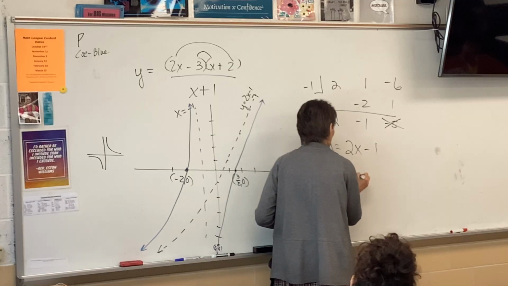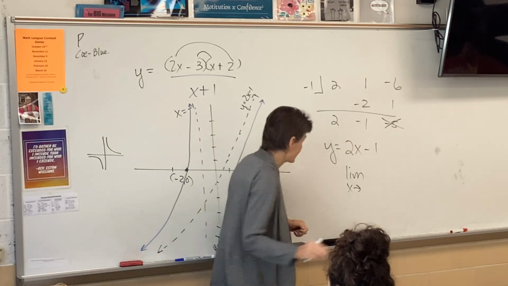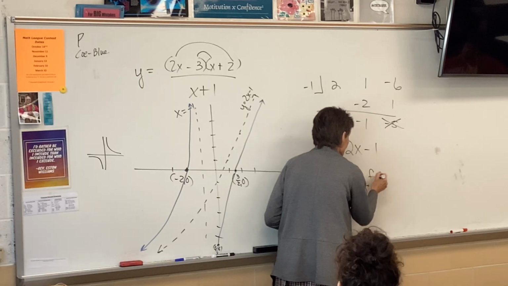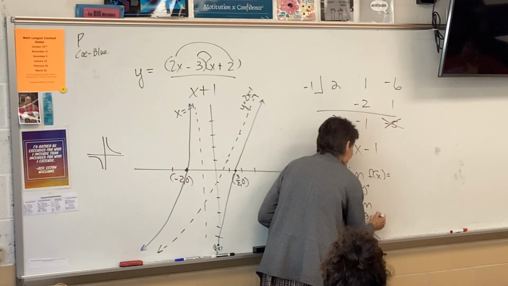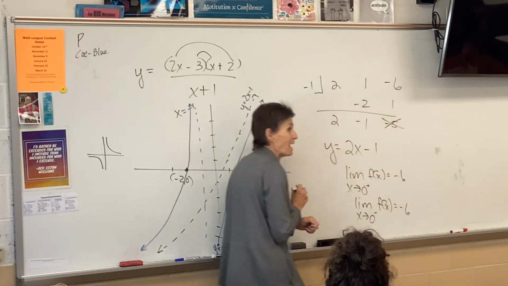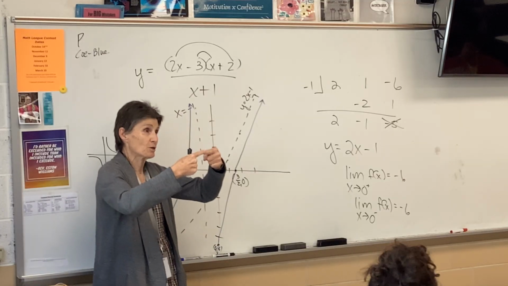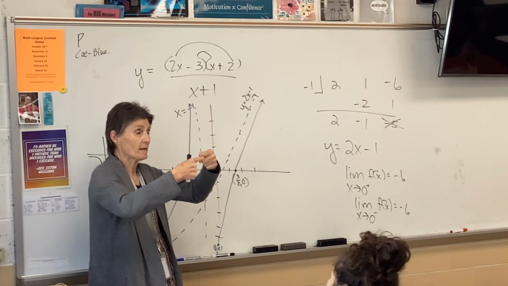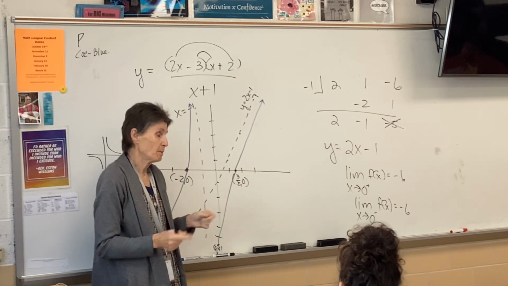Now, I want to make a point, because this said getting close to 0 from the right side. It doesn't make any difference which side you come at it from. If it's a point, your limit is the y coordinate, period.